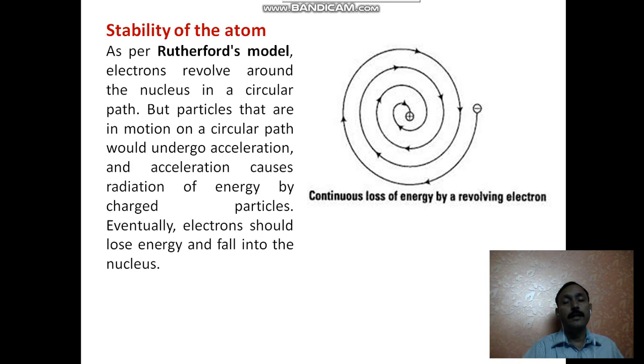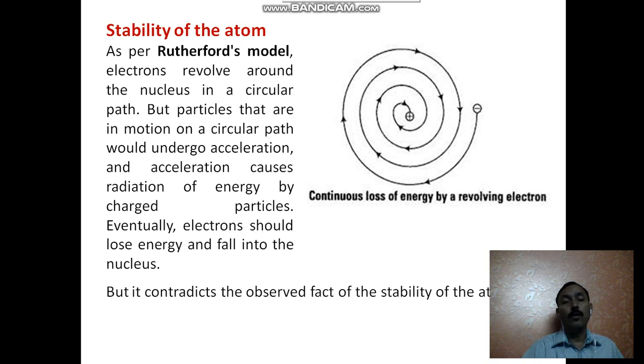So it will radiate energy. Eventually, electrons should lose energy and fall into the nucleus. As it is revolving round, one rotation after another rotation, it should lose its energy, and as per Rutherford model, it should collapse onto the nucleus.